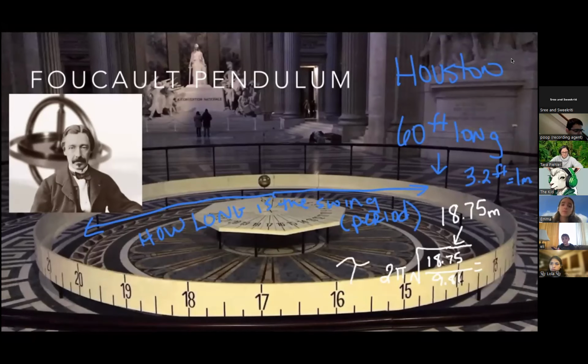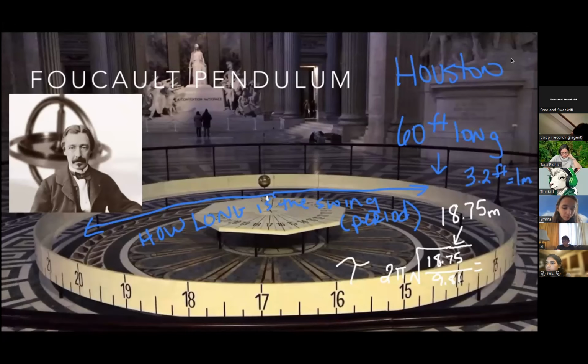Okay. I'm really confused. Can somebody help me, please? Yes, what are you confused with? You're just going kind of fast and I can't catch up. So what was the problem? The ceiling of this Foucault pendulum is 60 feet long in Houston, Texas, in the museum.